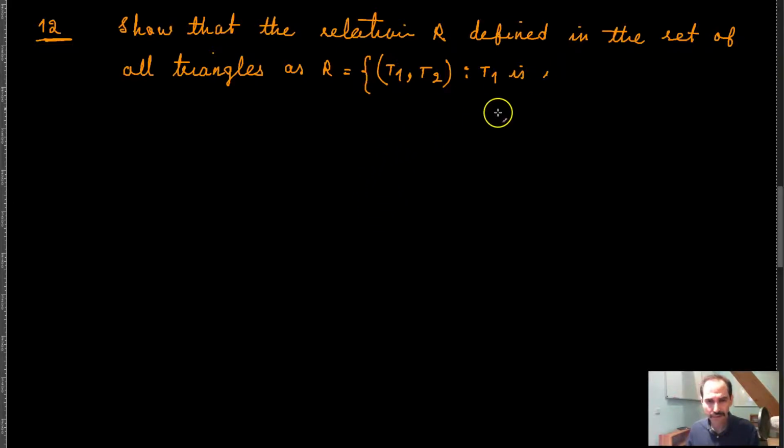Similar, basically when you want to say that two triangles are congruent, you use this symbol, this is congruent. Now I have forgotten the notation there, so anyway, T1 is similar to T2.